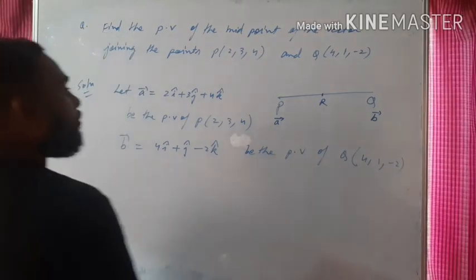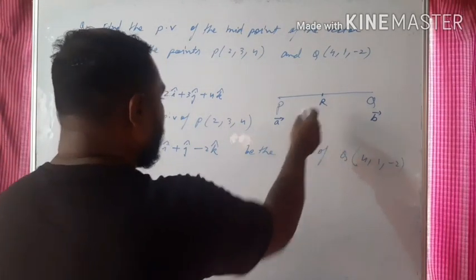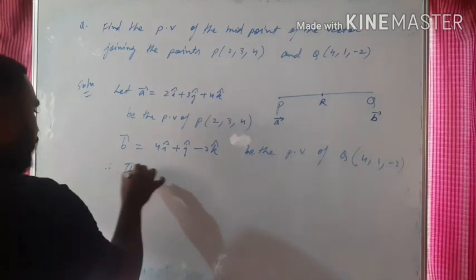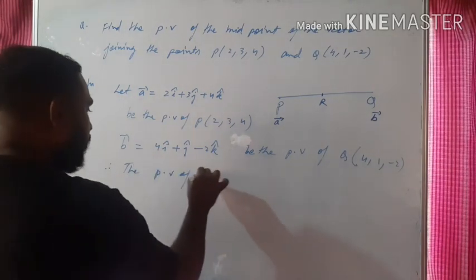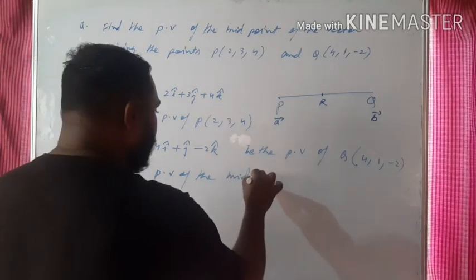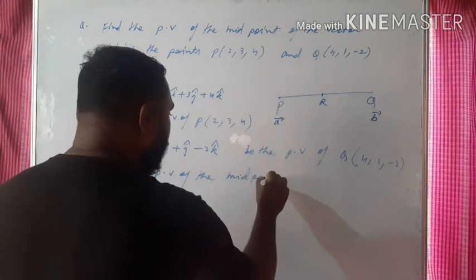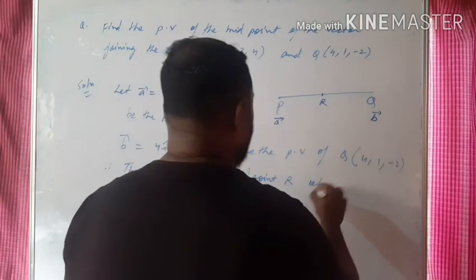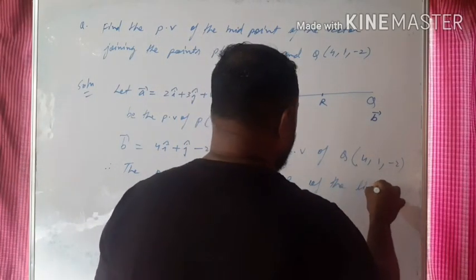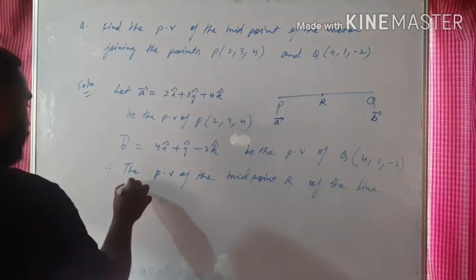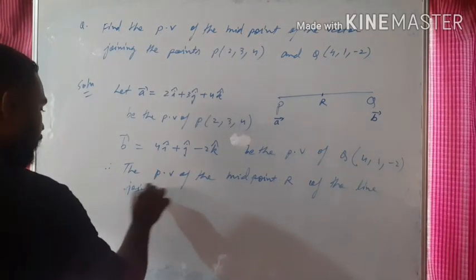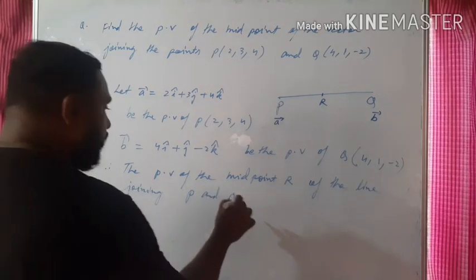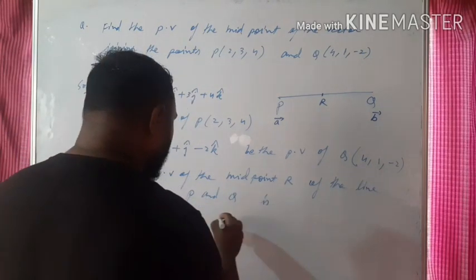Now I want to find the midpoint R. Therefore the position vector of the midpoint R of the line joining P and Q, I am denoting it by R bar.